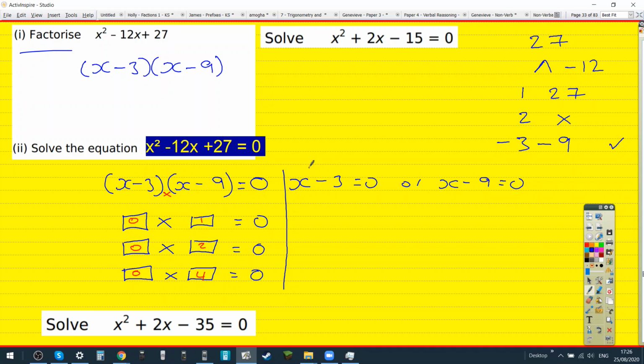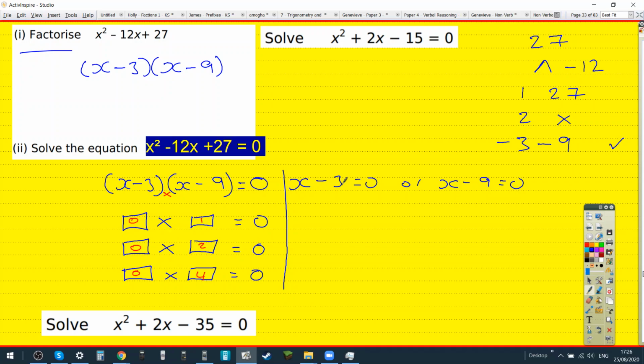So what number would x have to be to solve the first equation? X would have to be 0? That would make minus 3. We need to make 0. So what number would x have to be for the first bracket to be 0? Just solve this equation.